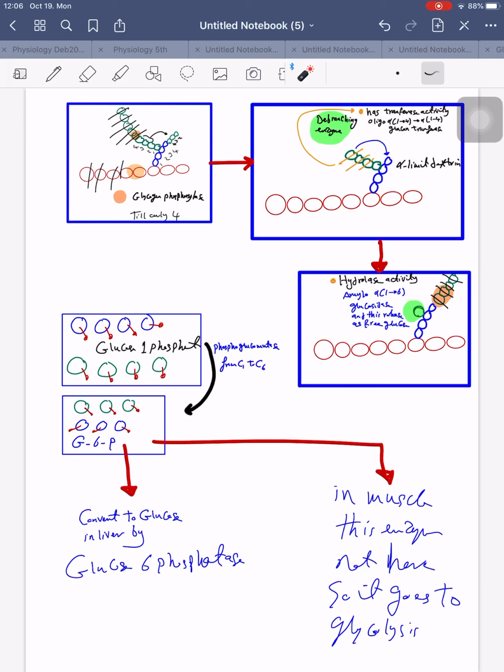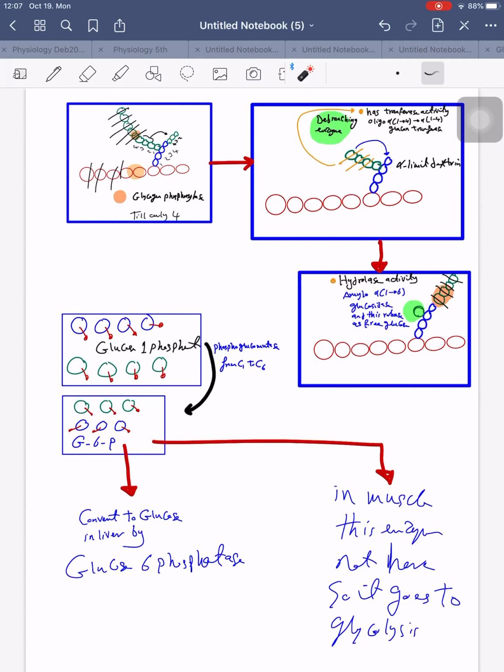Then the liver cell will send that glucose to our brain. While in the muscle, we don't have that enzyme. So the muscle will not convert glucose 6-phosphate to glucose, but it will go for fructose 6-phosphate and continue glycolysis.